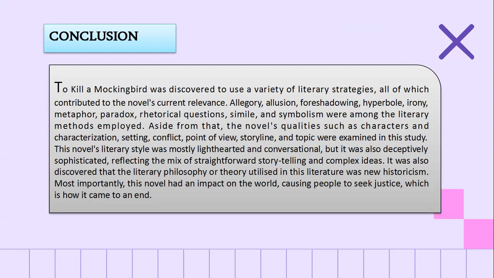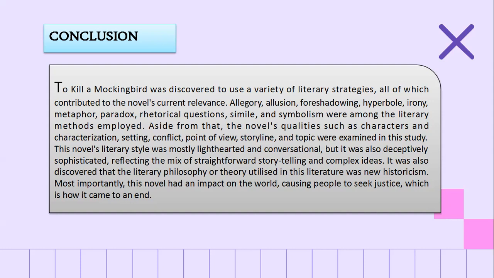This novel's literary style was mostly light-hearted and conversational, but it was also deceptively sophisticated, reflecting the mix of straightforward storytelling and complex ideas. It was also discovered that the literary philosophy or theory utilized in this literature was New Historicism. Most importantly, this novel had an impact on the world, causing people to seek justice.